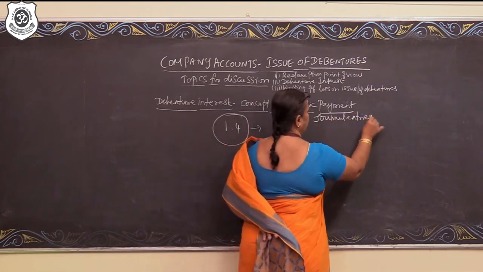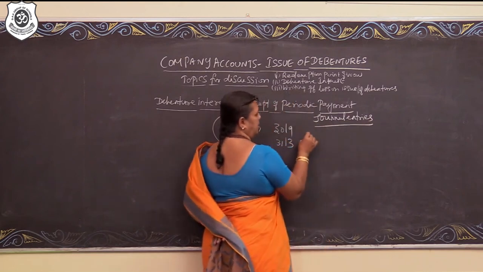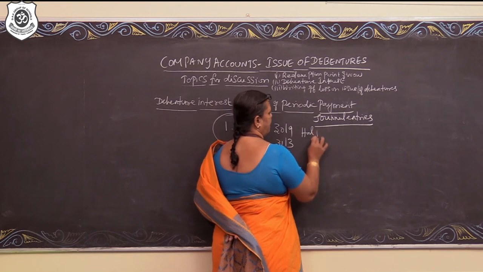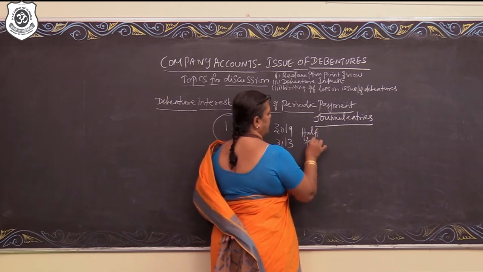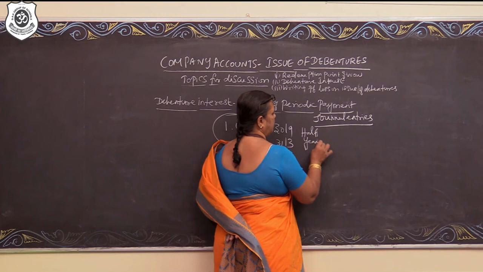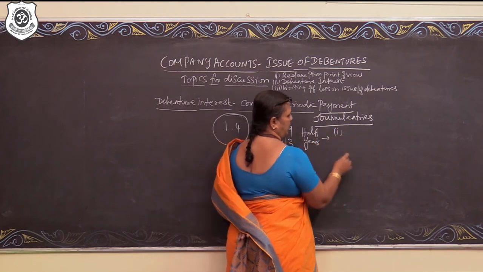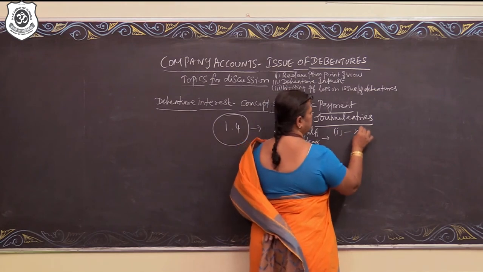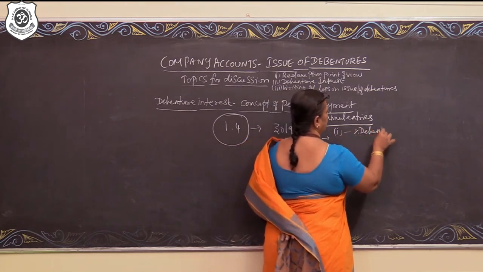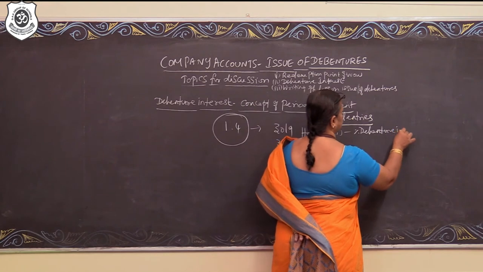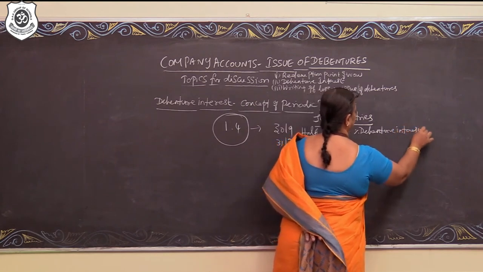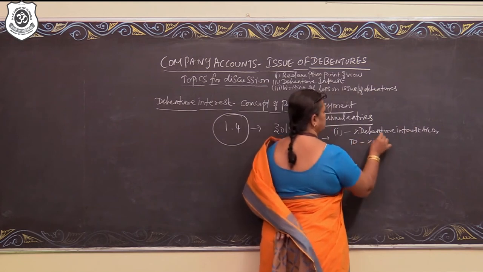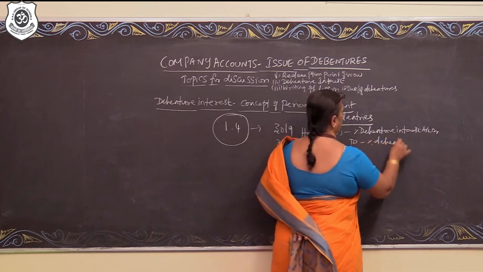apart from issue entries, we will be passing the entries as in the half year. In the half year, 2 entries will be passed. Entry number 1 will be -% debenture interest account debit to -% debenture holders account.